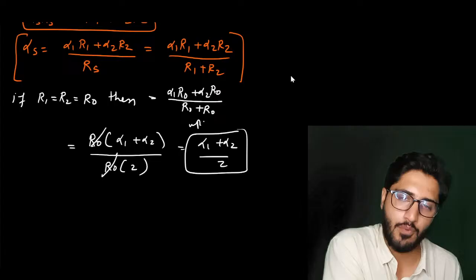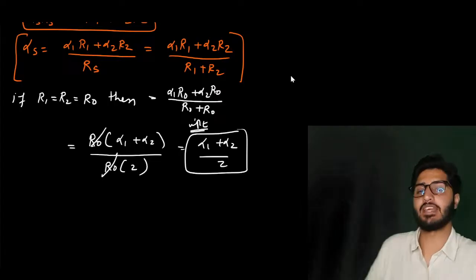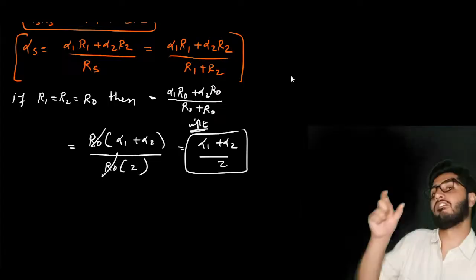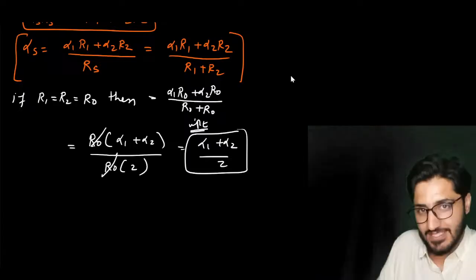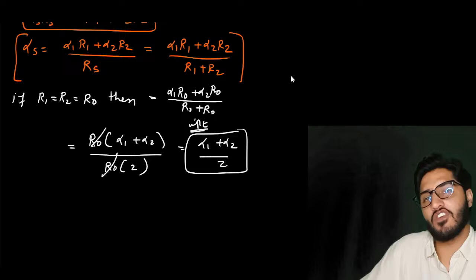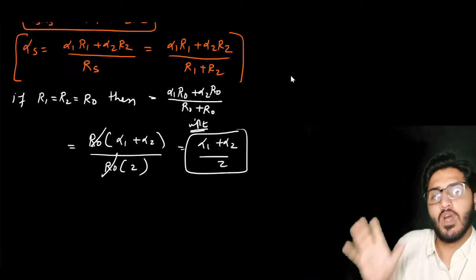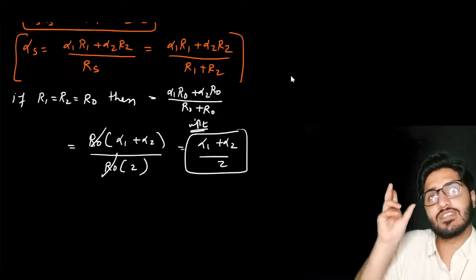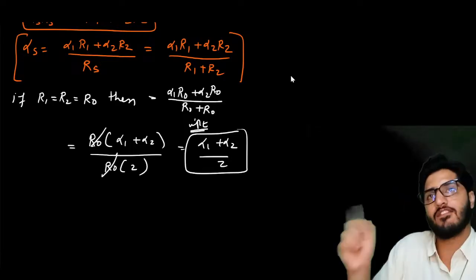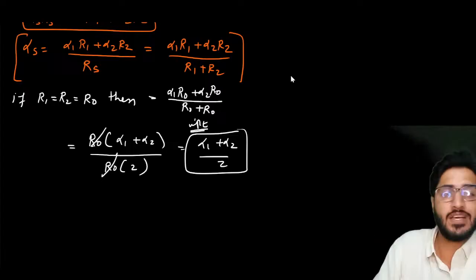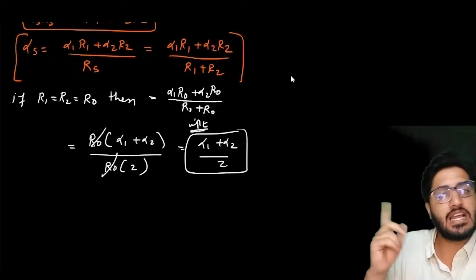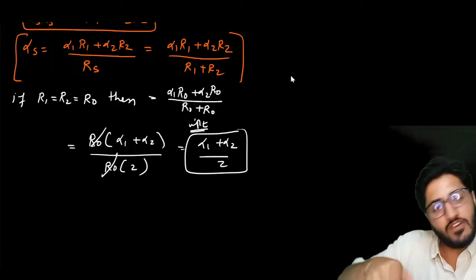Important: if we have two wires with the same resistances and temperature coefficients alpha 1 and alpha 2, the series temperature coefficient will be (alpha 1 plus alpha 2) divided by 2. But this is only valid if the initial resistance is the same. If not, use (alpha 1 R1 plus alpha 2 R2) divided by (R1 plus R2).